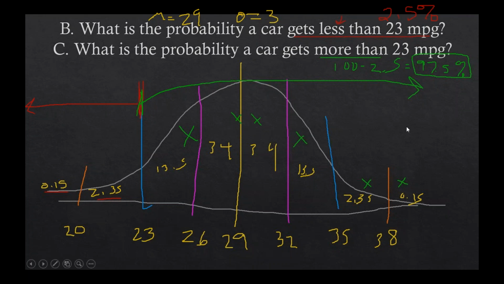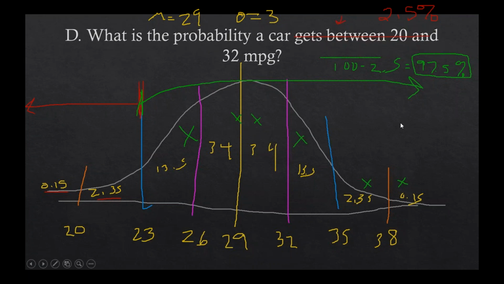All right, stop me if you have questions. What's the probability a car gets between 20 and 32? So recognize, where is 20? 20 is here. Where is 32? It's here.